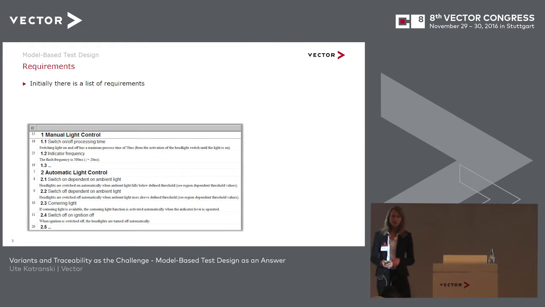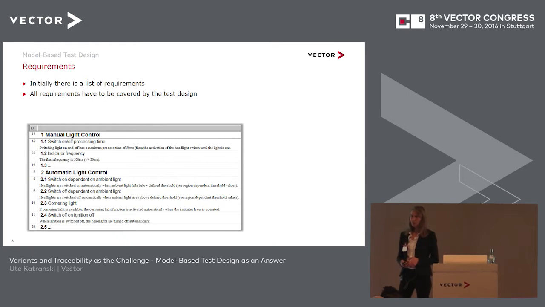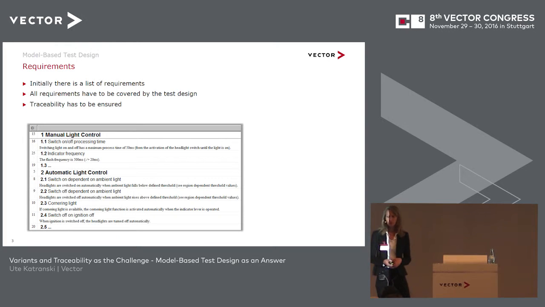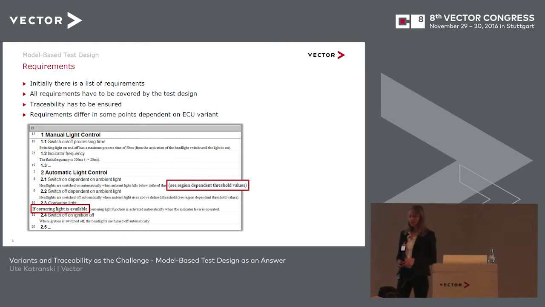Well, what is the first thing for the test designer? It's the requirements. So I have a list of requirements, for example, a light ECU, and it could be formulated in DOORS. And these requirements have to be covered by my test design. And I also always have to make sure that there is traceability, and this is not enough.